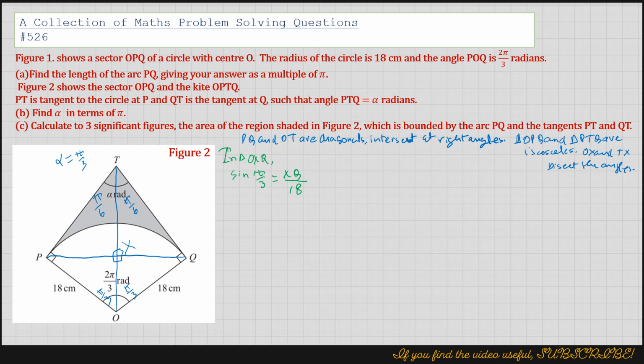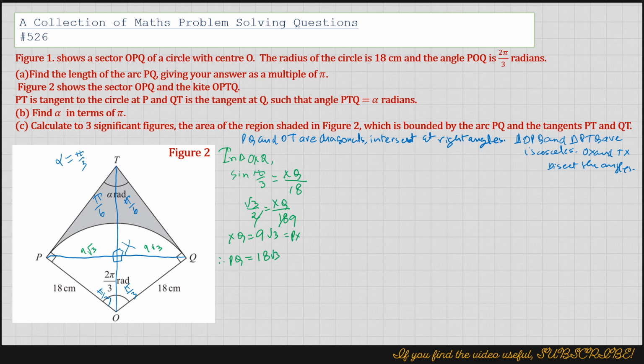Sine pi out of 3 is root 3 out of 2, so root 3 out of 2 is XQ out of 18. So XQ is 9 root 3. PX would also be 9 root 3, and therefore PQ would be 18 root 3.